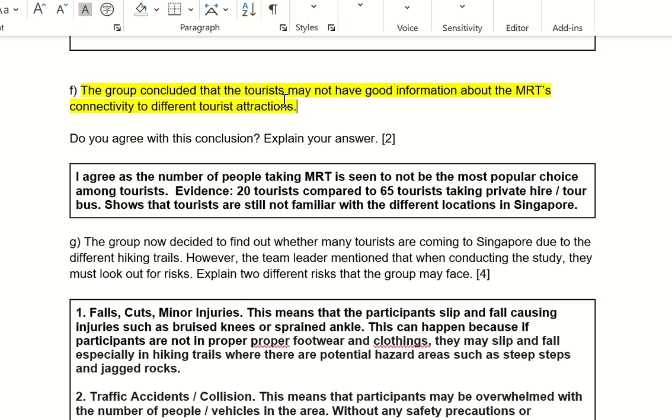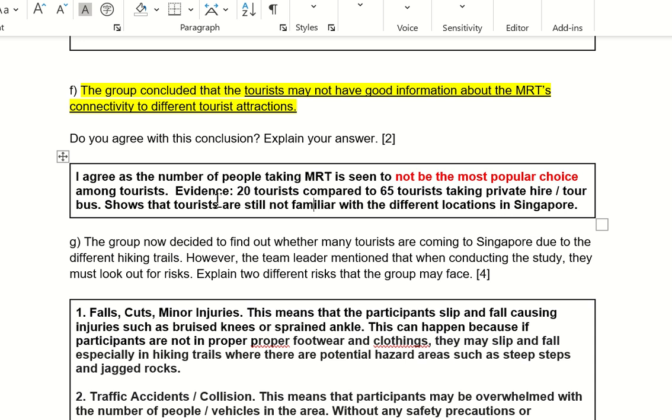Okay, so the group concluded this statement, right? The tourists do not have good information about the MRT's connectivity. So I agree that MRT is not the most popular choice among the tourists. The evidence being 20 tourists compared to 65 tourists taking the private hire.